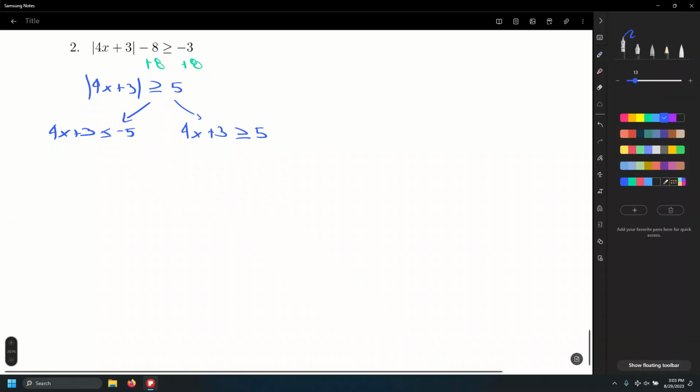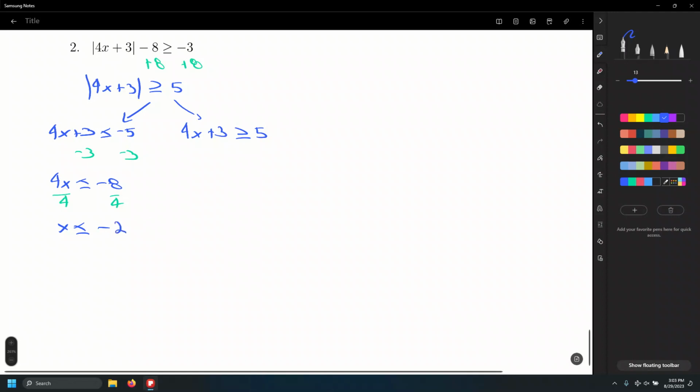So let's subtract the 3 from both sides to get 4x less than or equal to negative 5 minus 3. That's going to give us negative 8. And then divide both sides by 4. So x is less than or equal to negative 2. Right? So that's the result for our first inequality.